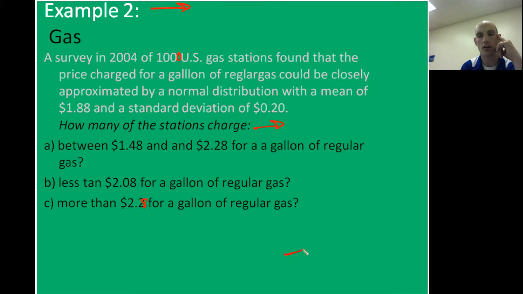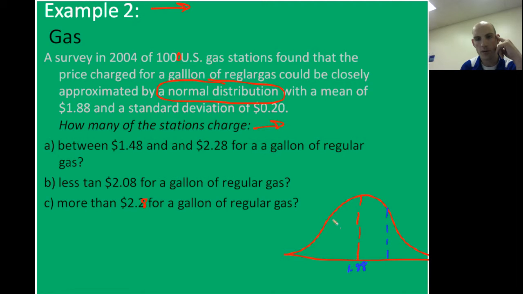If we look at our curve for this, if it's truly according to the normal distribution here, our mean is $1.88.